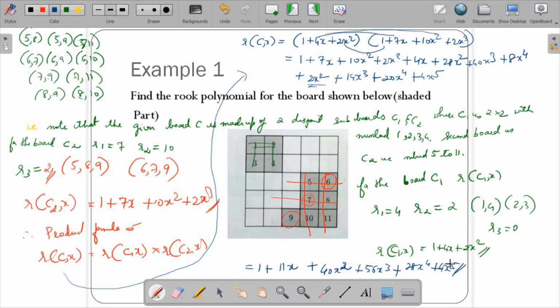So this is how we are going to solve the root polynomial using the product formula.